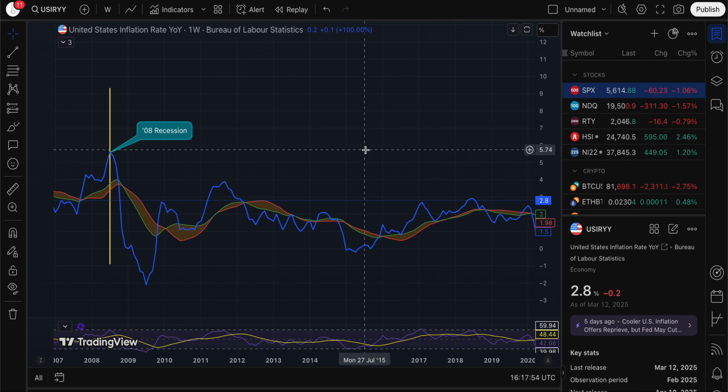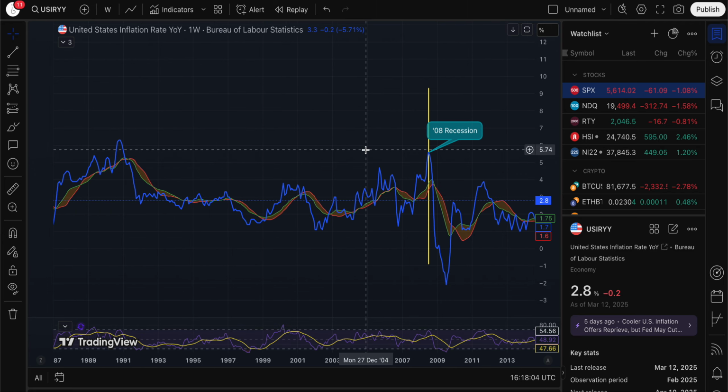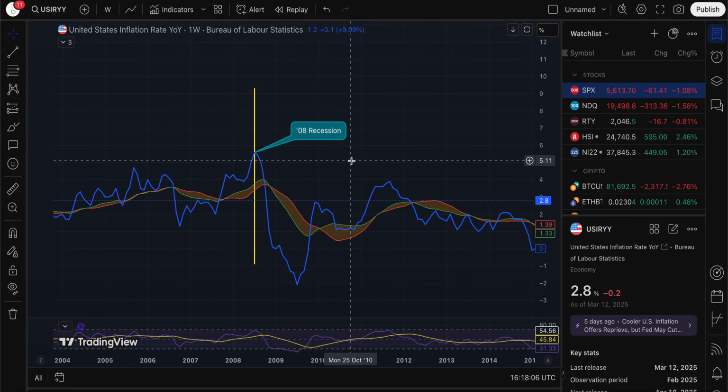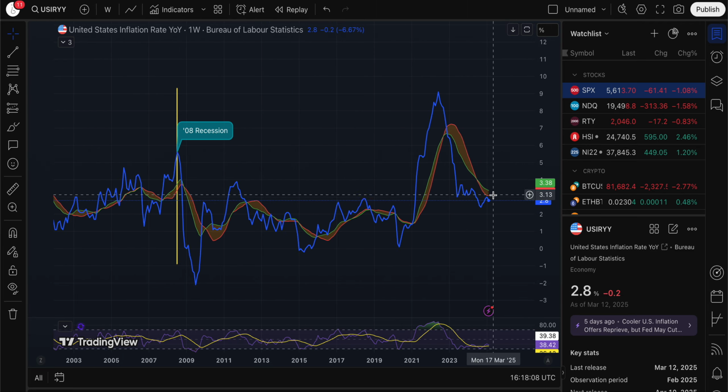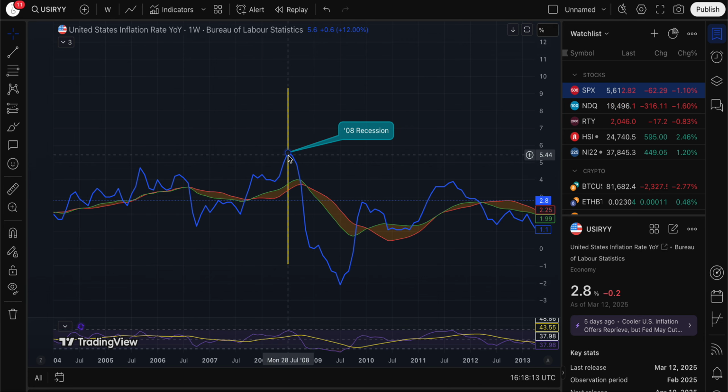But what we're seeing today, although it is incredible and has a huge magnitude, isn't necessarily unique. Because again, while we don't have a 5 handle on inflation right now, at least until a month ago, we really did have a lot of what was being said back in 2007, 2008.